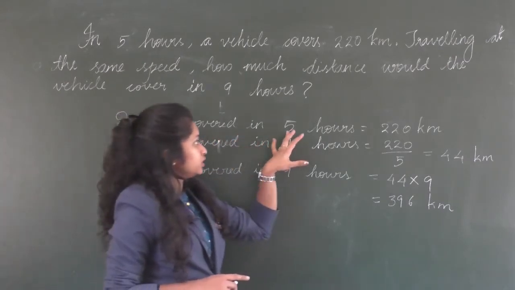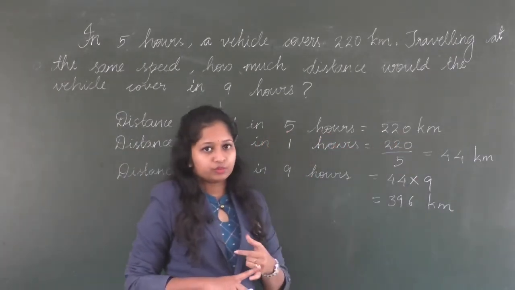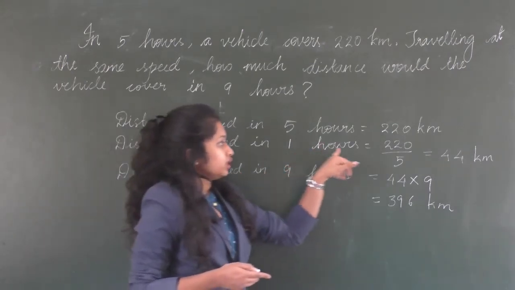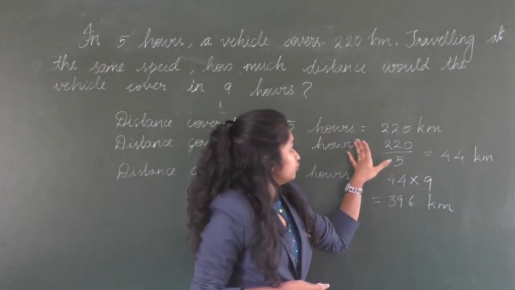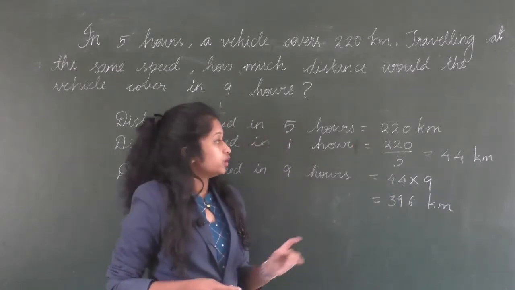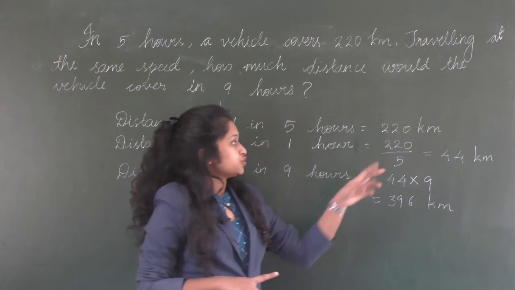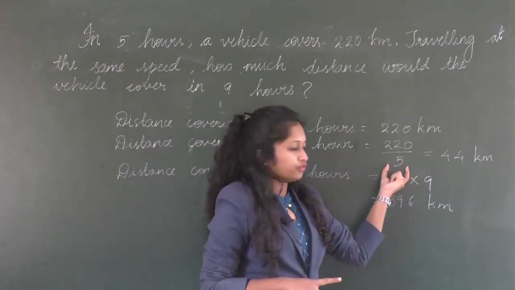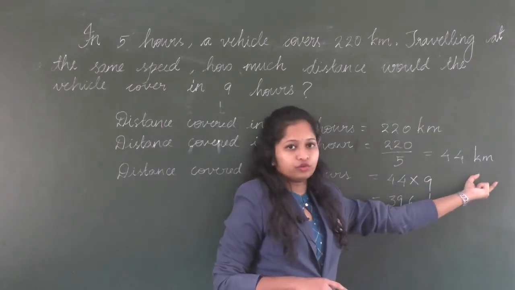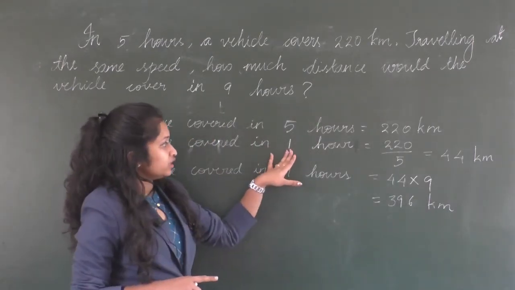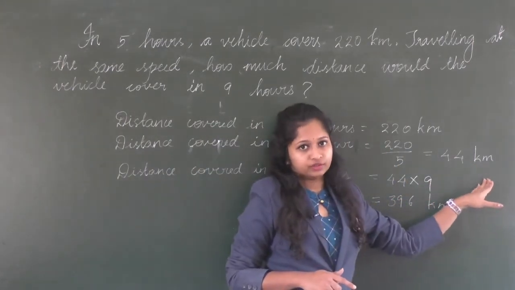So the distance covered in 5 hours is 220 km, and to find the distance covered in 1 hour, we should divide 220 by 5. When you divide 220 by 5, we get 44 km. So the distance covered in 1 hour is 44 km.